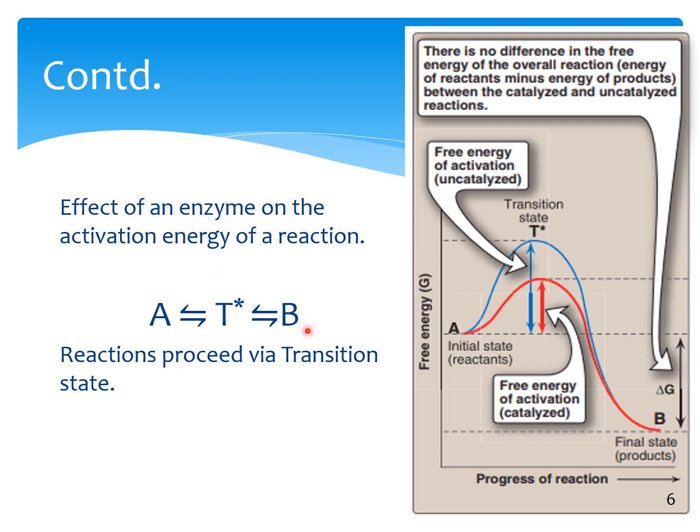The chemical reactions catalyzed by enzymes proceed via this transition state. On this graph, free energy is plotted on the y-axis and progress of reaction on the x-axis. Here is the substrate A and here is the product B.